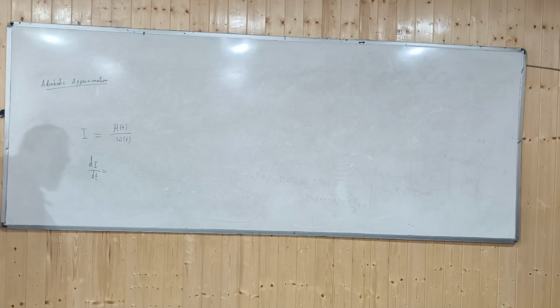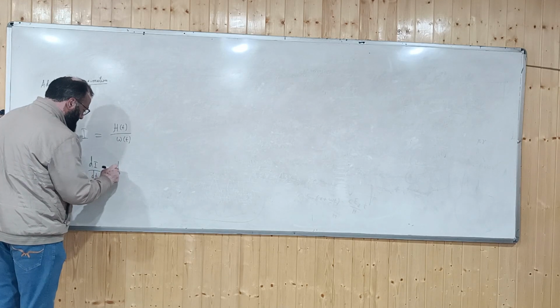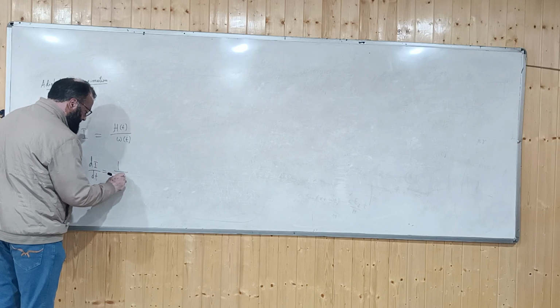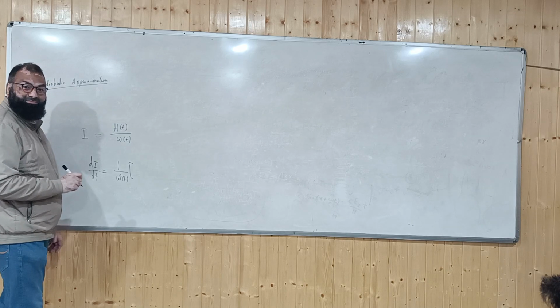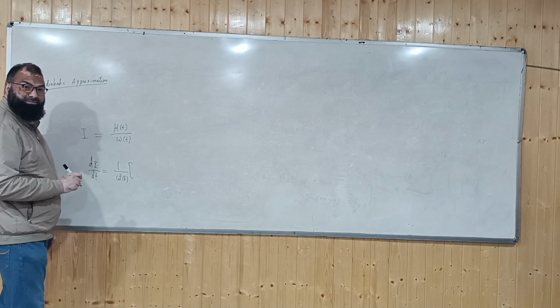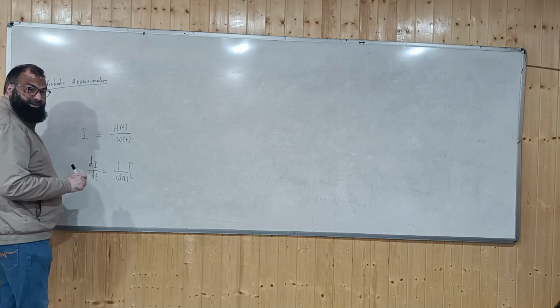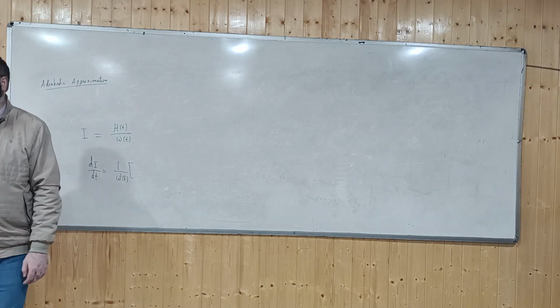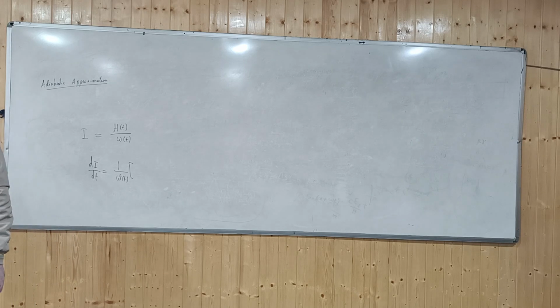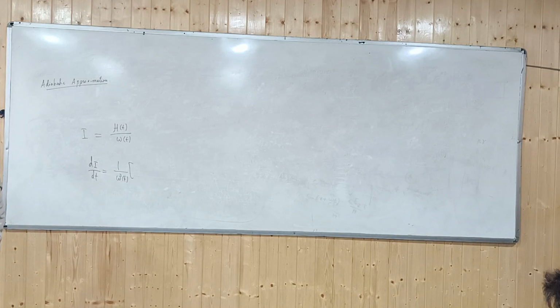What is the differentiation? There will be 1 by omega square of t.